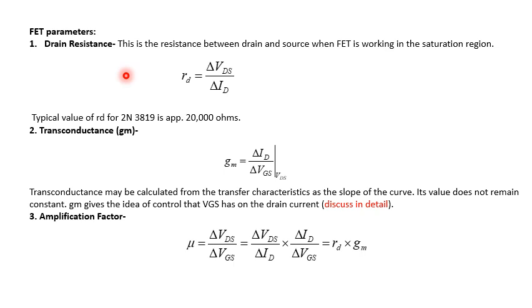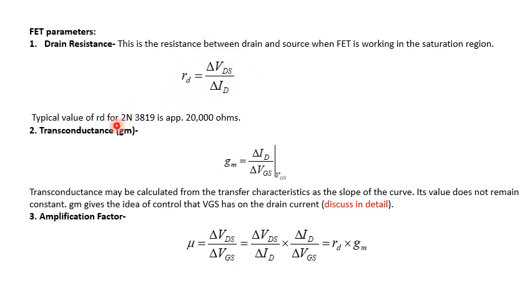Here are some important FET parameters. First is the drain resistance. This is the output resistance of a FET. It is delta VDS, the change in the output voltage, divided by the change in the drain current or output current, and it is called the drain resistance.